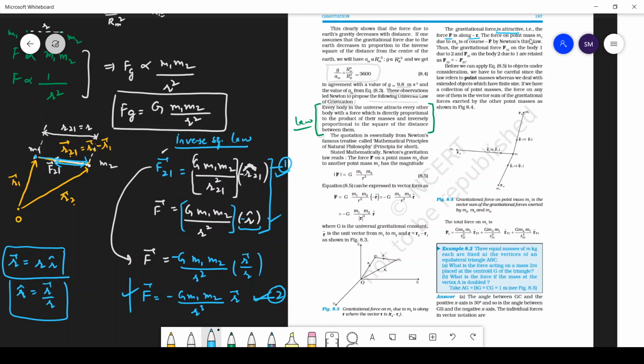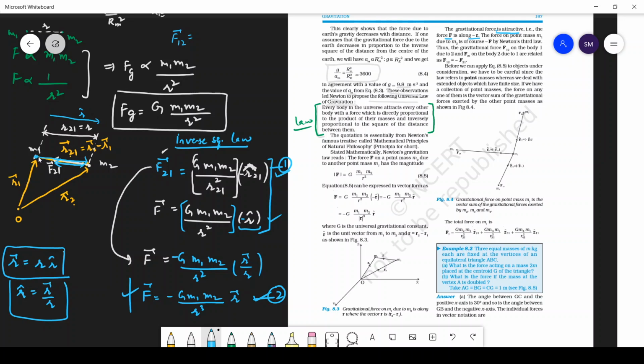The force on point mass m1 due to m2 is of course minus F by Newton's third law. So what will be the force? This was the force on the second due to the first, and what will be the force on the first due to the second, students? If you are assuming it as r and this direction as the unit vector, so what will be the force on m1?